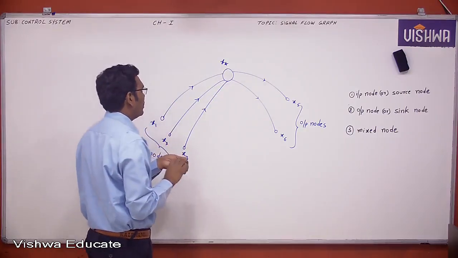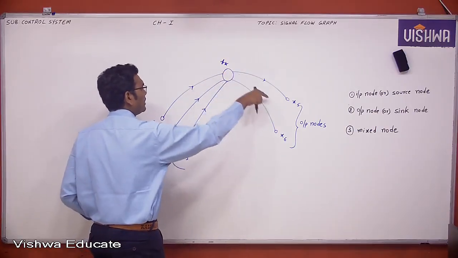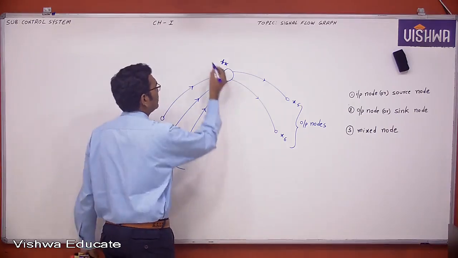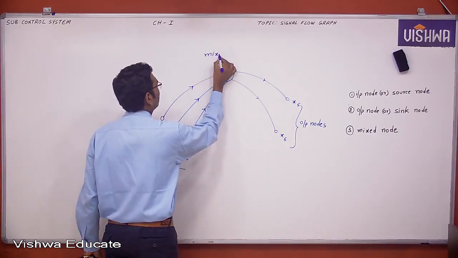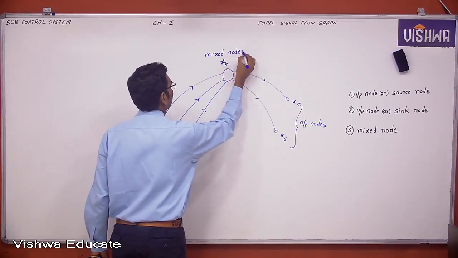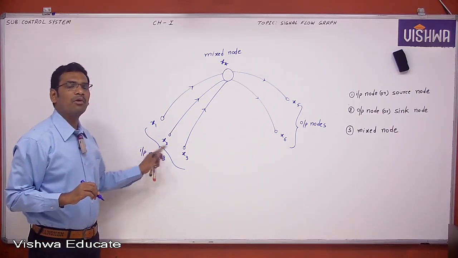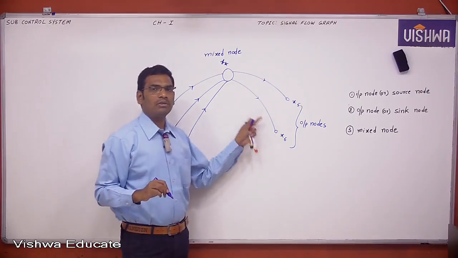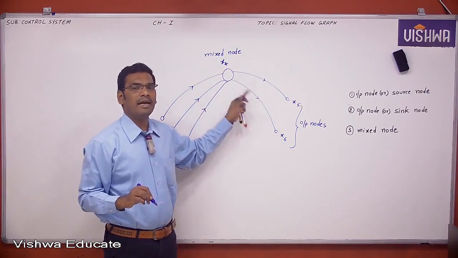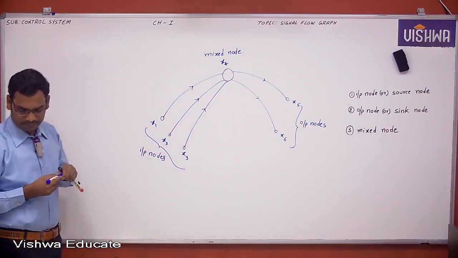Therefore this x4 node has both incoming and outgoing branches, so x4 is called a mixed node. Clear or not? So input nodes have only outgoing branches, output nodes have only incoming branches, and a mixed node has both incoming as well as outgoing branches. Clear or not? Okay, note this down.